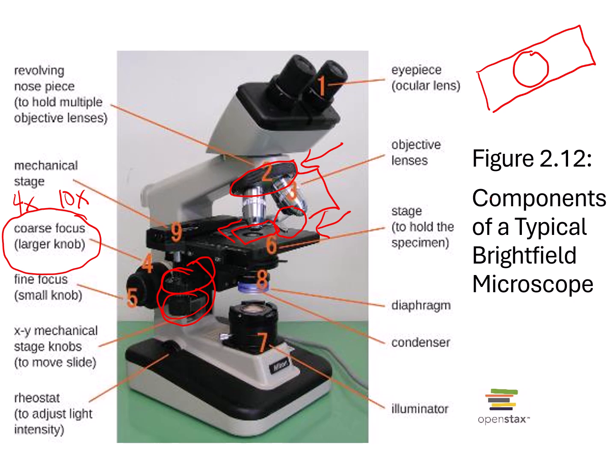These will make large movements to the stage, so the stage will go up or down in pretty big movements. Whereas when you're using the stronger objective lenses, either the 40 times or the 100 times objective lenses, you need to start using the fine focus knob, which is the smaller one, outside of the coarse knob. These make very small adjustments to the stage, so you're moving the stage much more slowly.